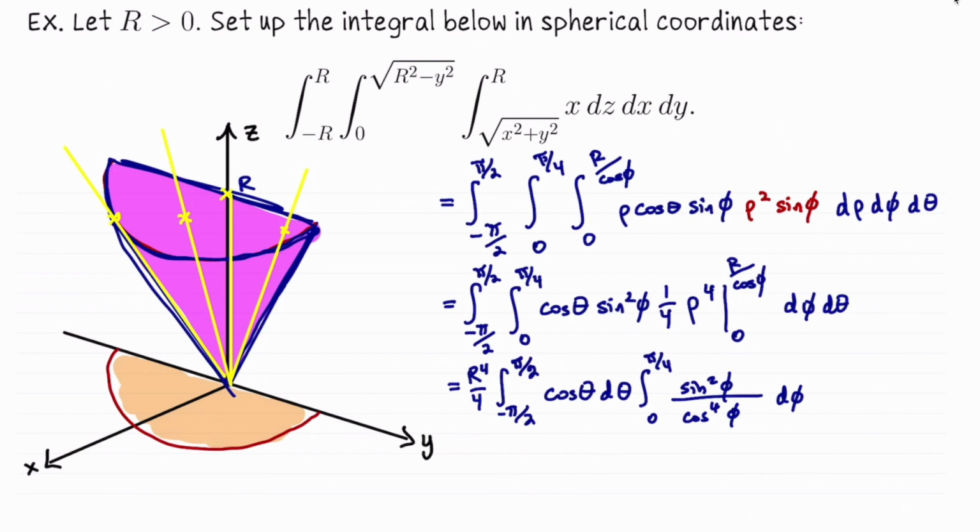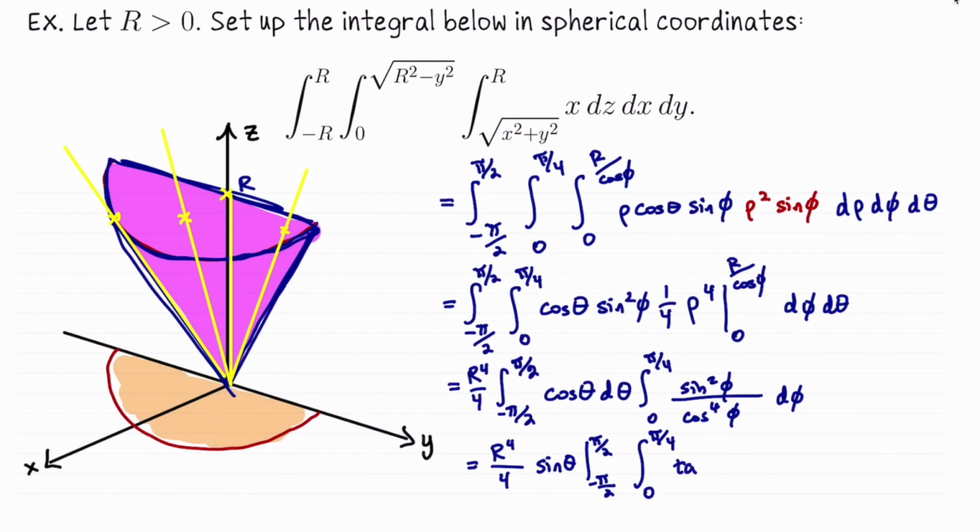Okay, let's keep going. I'm going to rewrite this now as r to the 4th divided by 4. Antiderivative of cosine is sine, so sine of theta going from negative pi over 2 to pi over 2. It's a nice computation. And then the integral from 0 to pi over 4. Sine squared over cosine to the 4th is sine squared over cosine squared times 1 over cosine squared.